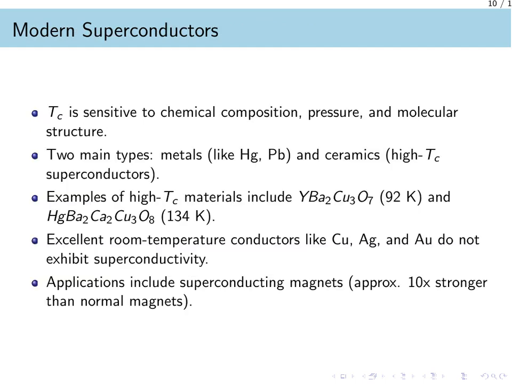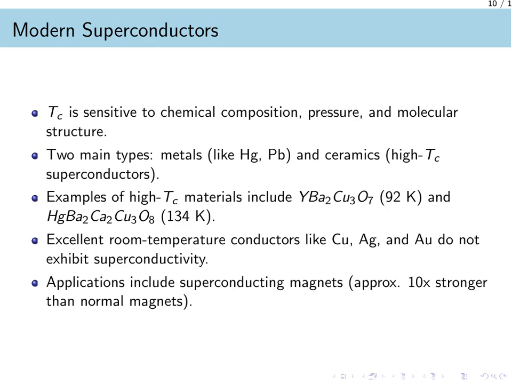When studying modern superconductors, we find that the critical temperature is highly sensitive to the material's chemical composition, the applied pressure, and its molecular structure. There are two main types of superconductors. The first type includes traditional metals like mercury and lead, while the second type consists of ceramics, which are known as high critical temperature superconductors.